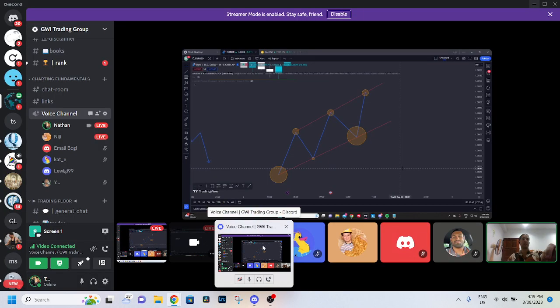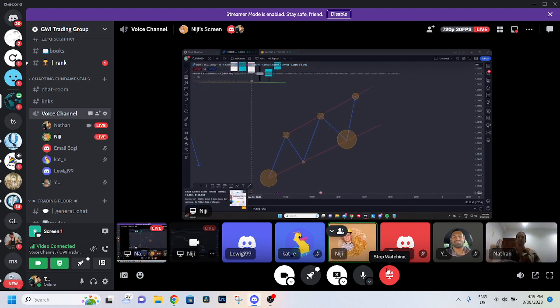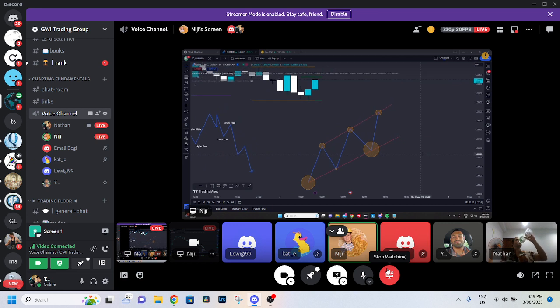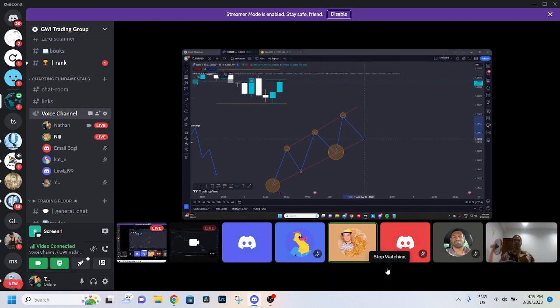Exactly. And the more price touches your trend line, the more valid that trend line is. Meaning that when price eventually decides to break out, that's when you can expect a really big push. So we see that price is trading in this trend here. If we happen to go here and then we break the trend, you can expect two things, right?